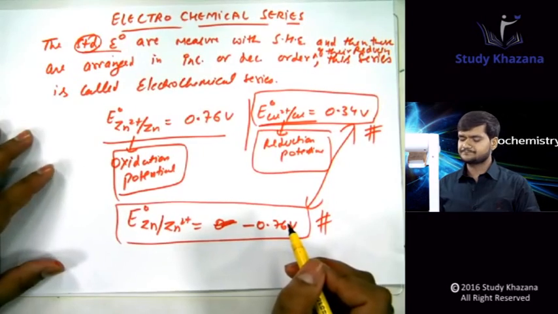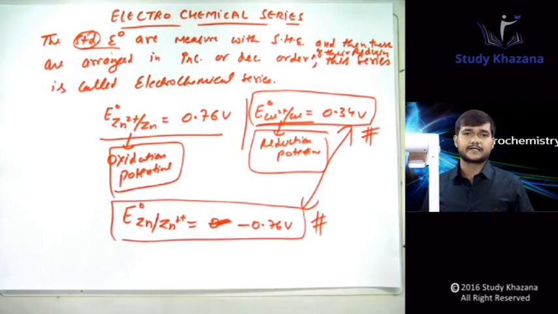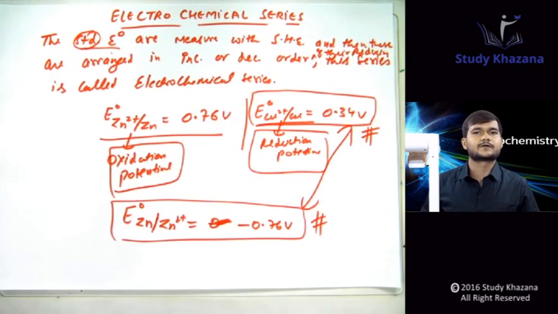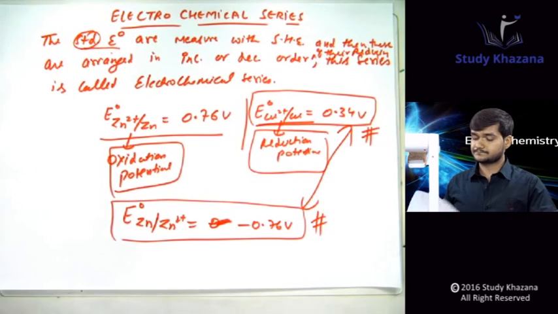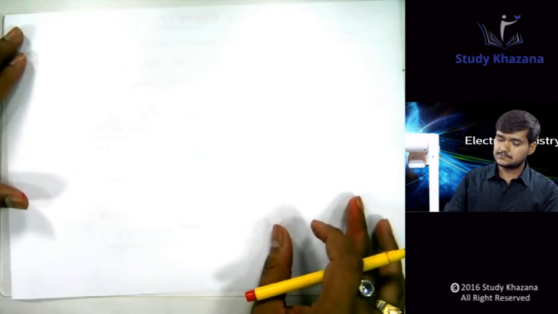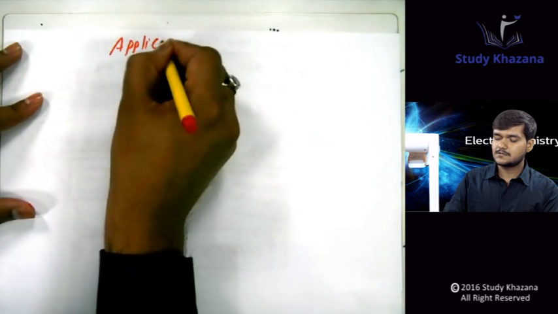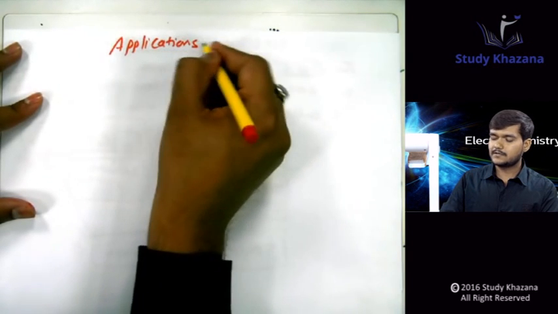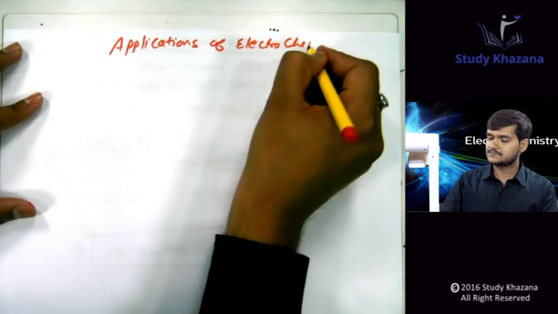Now we will do the applications of the electrochemical series, and in that I will tell you how you can find out which one is the better reducing agent, which one is the better oxidizing agent, and other important applications we will discuss. Okay, now the applications of the electrochemical series.